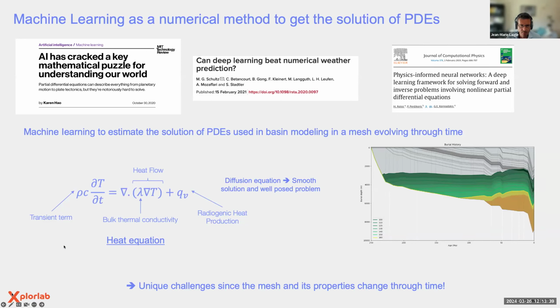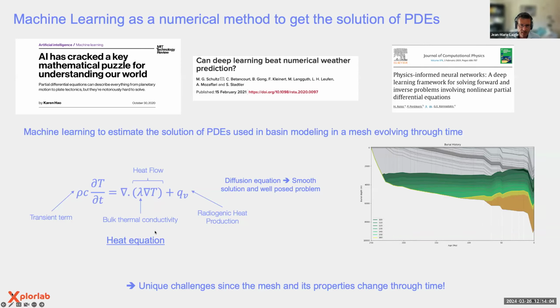This is one of the fundamental equations in a basin model, which is a heat equation. It's not a very difficult equation. It's not complicated. It's diffusion. It has a smooth solution. It's a well-posed problem. It's transient, meaning that we model the solution through time, and time is a parameter there.